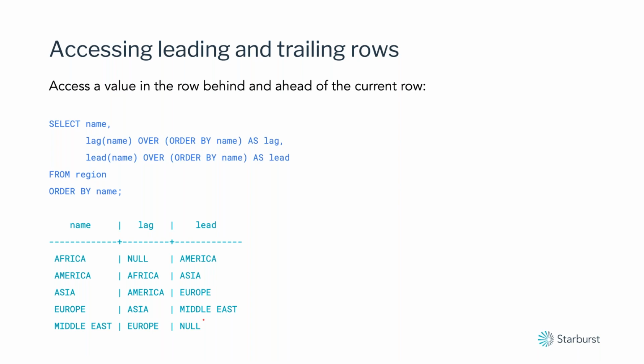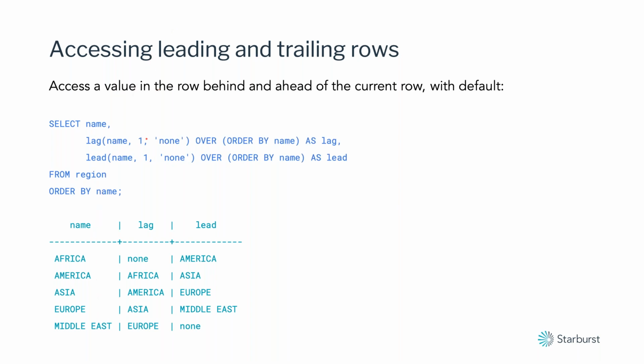And these let you do things that are pretty powerful, because you can do calculations where, like this Asia row, you could take into account values from the row behind it or values from the row ahead of it.